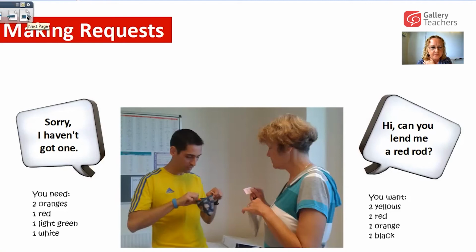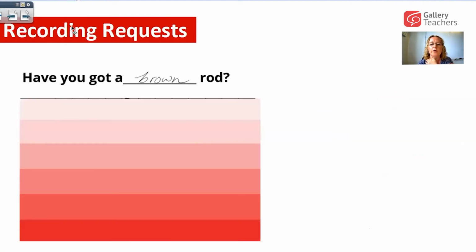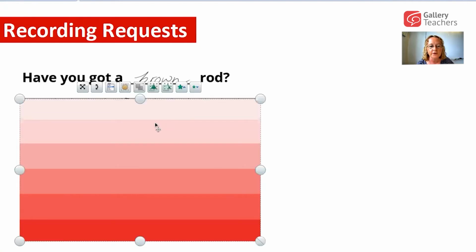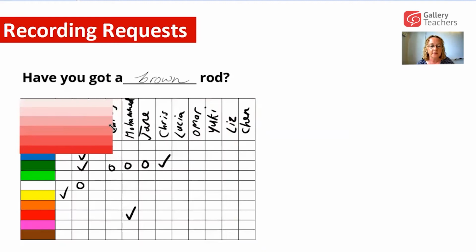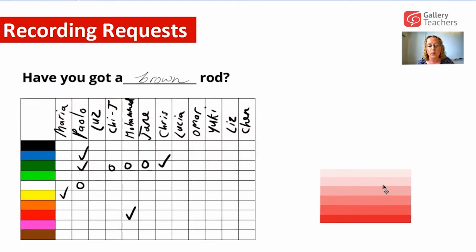"Do you have?" Okay, and what you can do with this as a mix and mingle is actually record this. So we've got the question here, "Have you got a brown rod?" And what I can also do is get the students, and again, we'll put all of this on the website for you to steal and use for yourselves. So we've got the different coloured rods, and I'm just going to tick or put a 0 if it's not available as I ask my classmates.